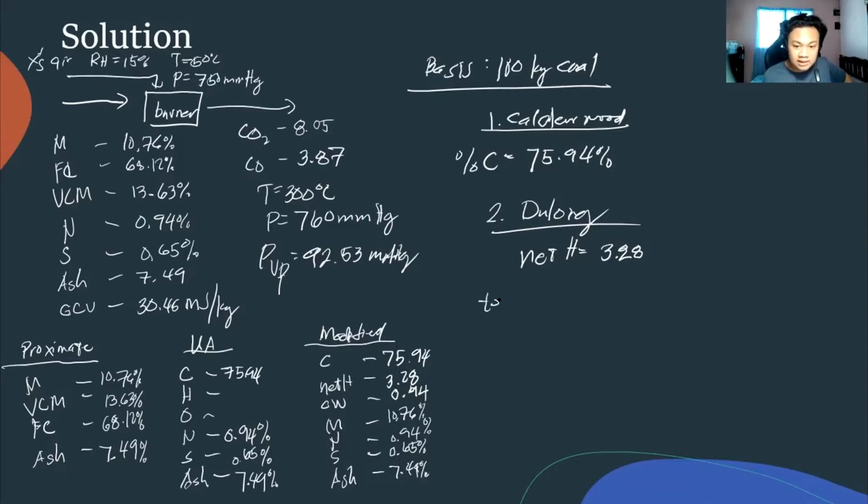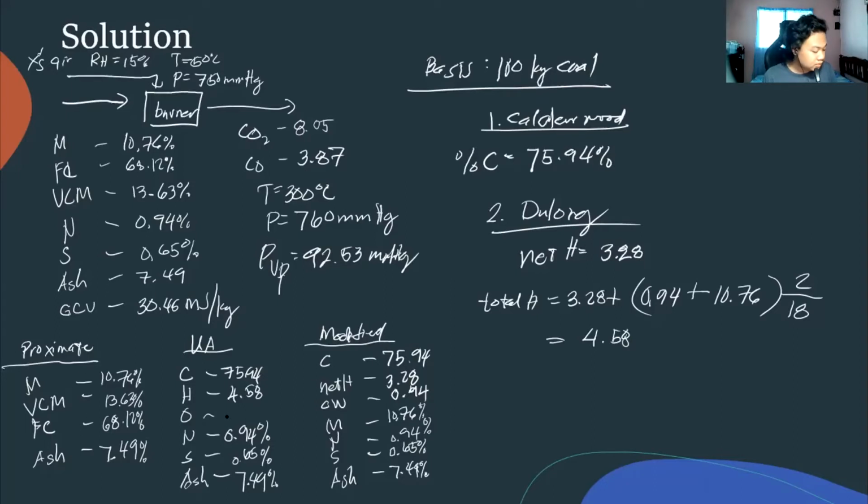Then get the total H. Total H is equal to 3.28 plus your combined water and moisture, so 0.94 plus 10.76, divided by 18 times 2, and you will get 4.58. Then get the balance O, which is 10.4.